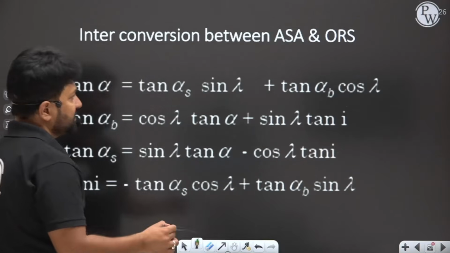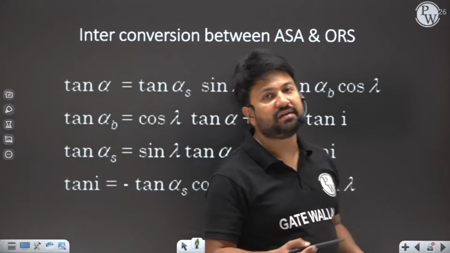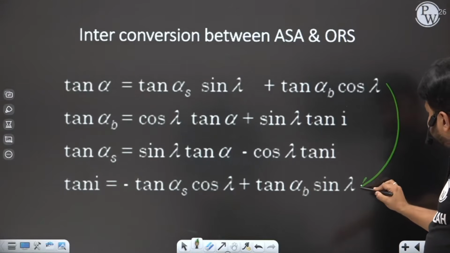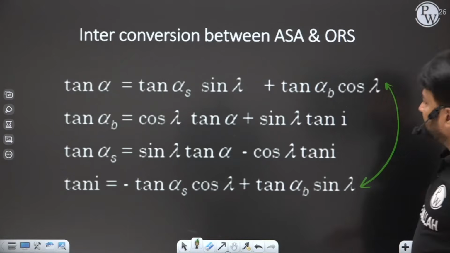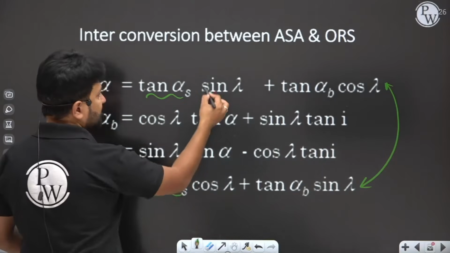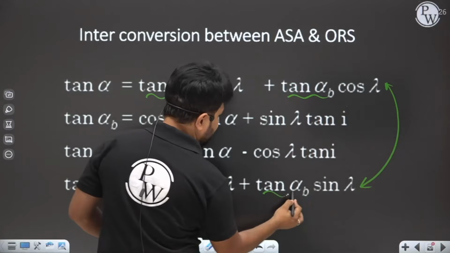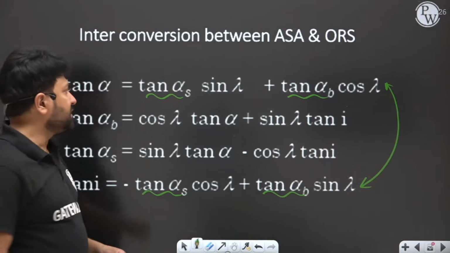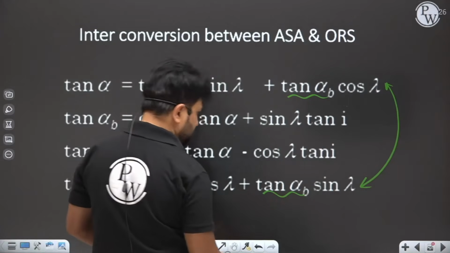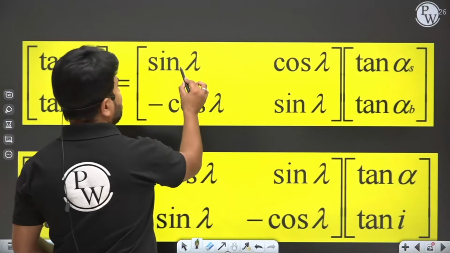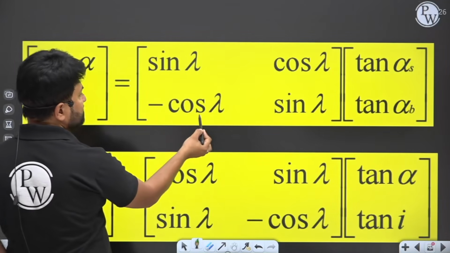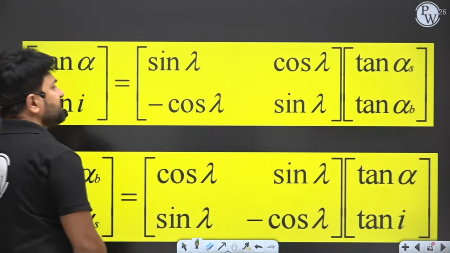Now, by a smart approach, you can learn these formulas. Please see these two formulas. There are some common things: tan alpha S, tan alpha B, and sin lambda, cos lambda, and minus cos lambda, sin lambda. So do one thing: sin lambda, cos lambda, then the integration of sin lambda comes as cos lambda, and the integration of cos lambda is sin lambda.